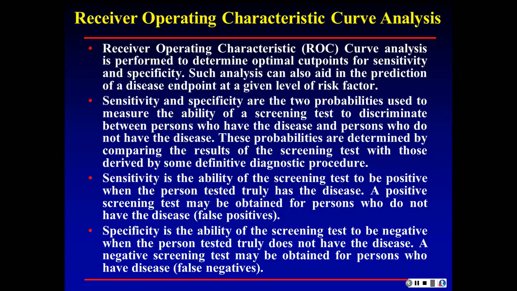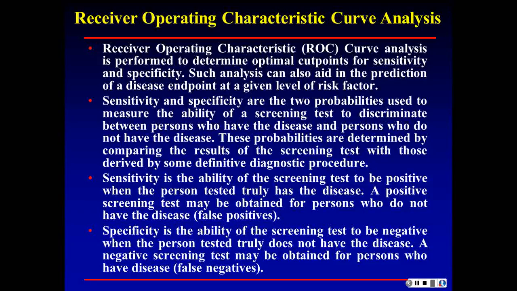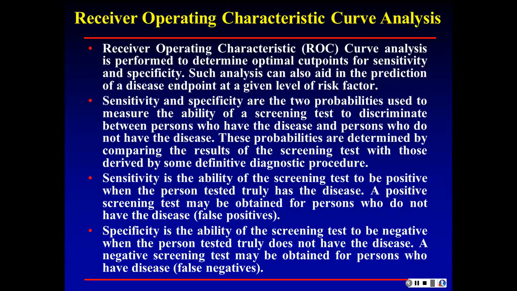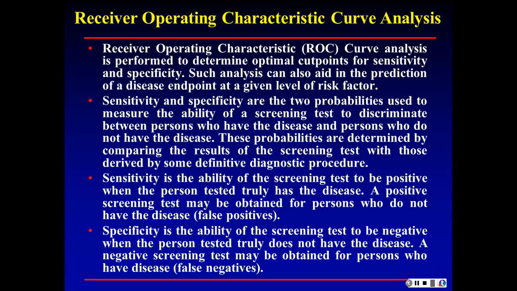The ROC curve uses sensitivity and specificity, and I'm sure these are familiar terms to you just from screening training. Sensitivity and specificity measure the ability of a screening test to discriminate between persons who have the disease and persons who do not have the disease.